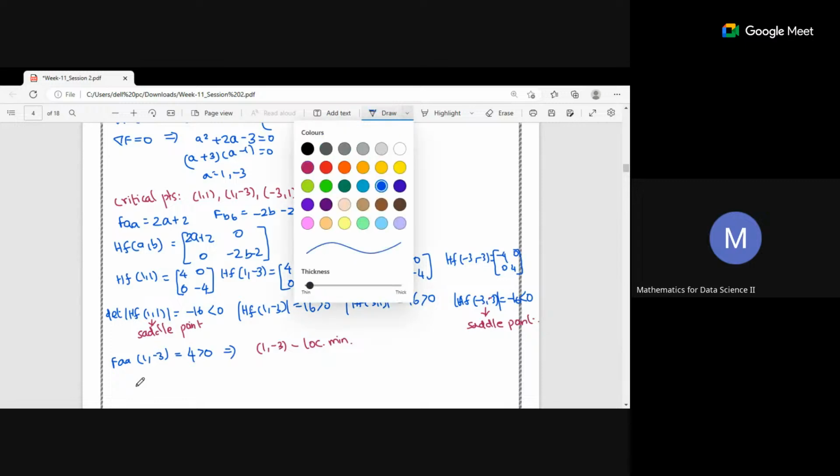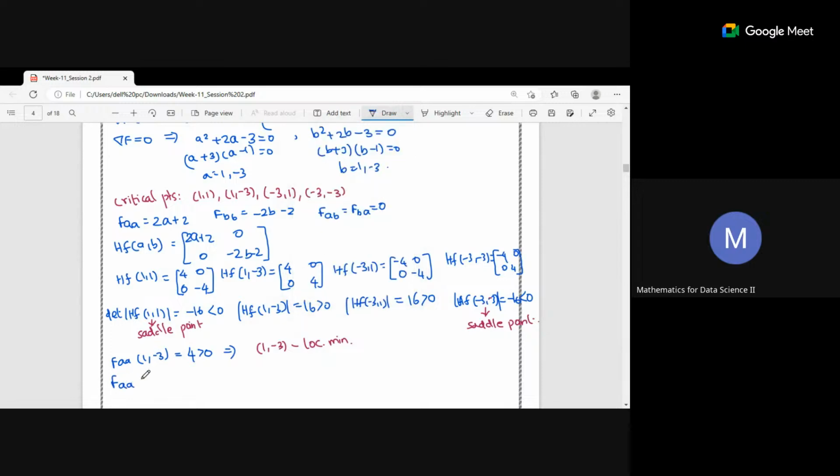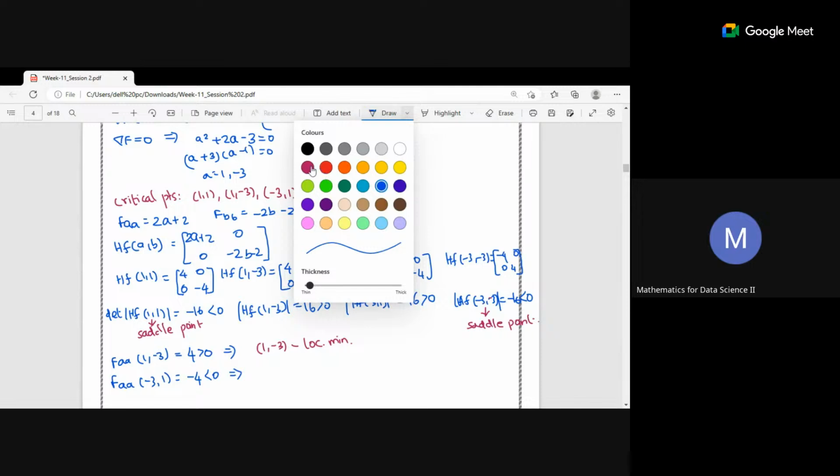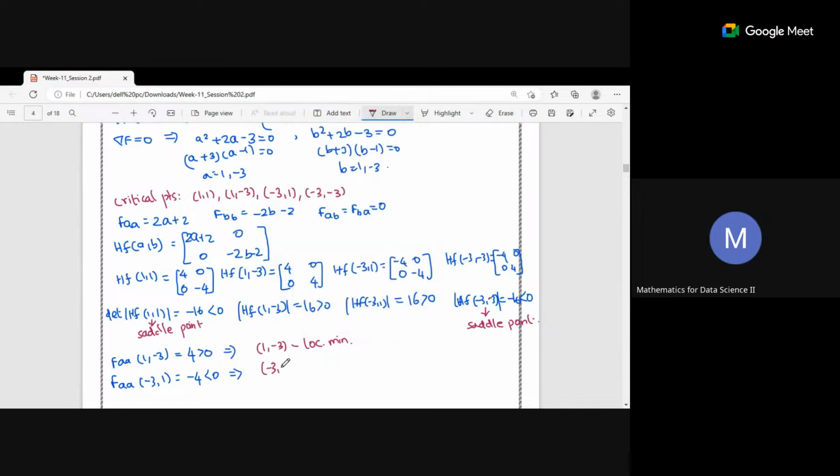And what about f_aa at (minus 3, 1)? Minus 4. Minus 4, right? Which is less than 0. So this implies that your point (minus 3, 1) is a local maximum. Okay, so this is your maximum point.